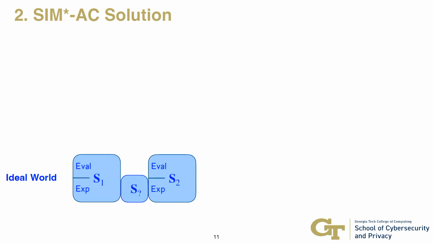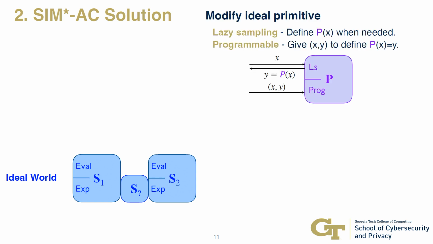So how are we going to resolve this tension where the two different simulators want to both control the ideal primitive? The idea is we're going to slightly tweak how we're thinking about the ideal primitive. We're always now going to think about it as being lazily sampled. You only define its output on input X when you actually need that output.